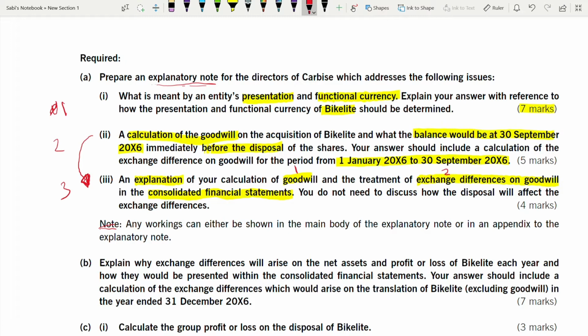If there are 3 lines, 3 different sentences, you have to read all 3. Don't stop at the first 2. So you do not need to discuss how the disposal will affect the exchange differences. Do not. So this "do not" is very important. For disposal, you don't need the exchange differences.